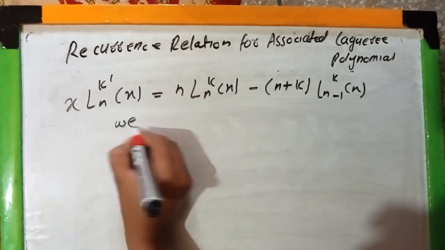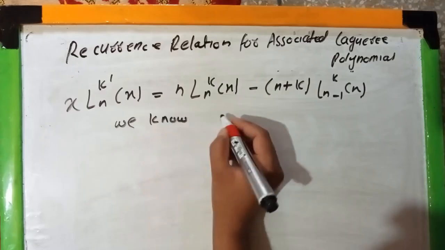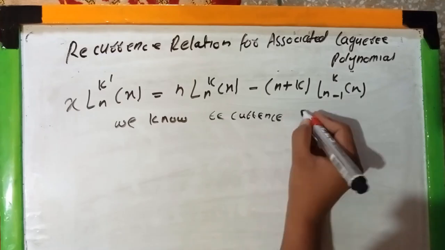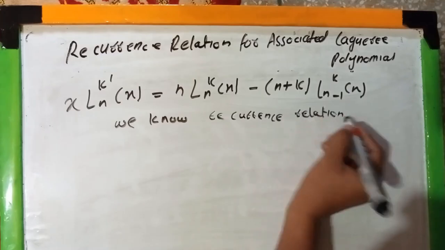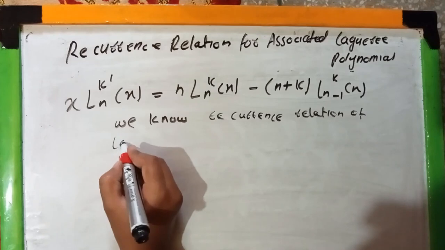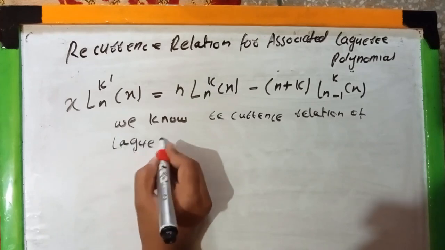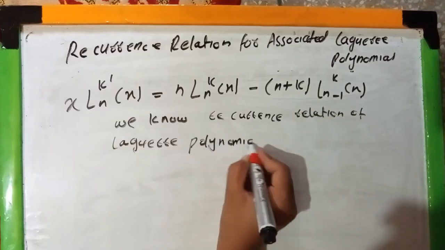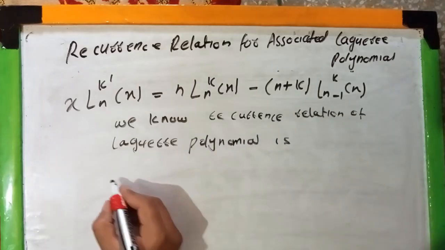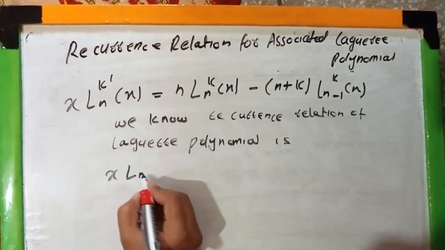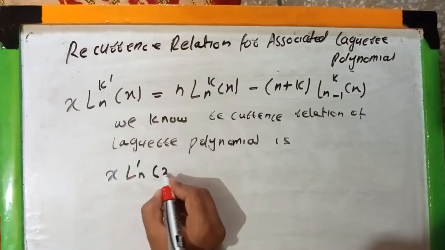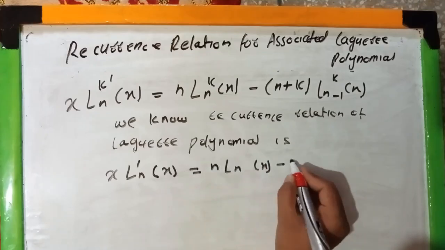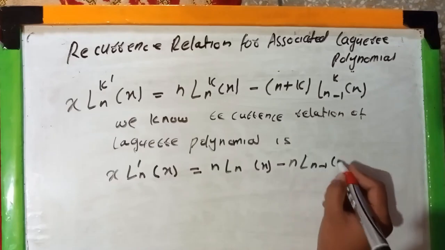We know the recurrence relation of the Laguerre polynomial: x times the derivative of L_n of x is equal to n L_n of x minus n L_{n-1} of x.